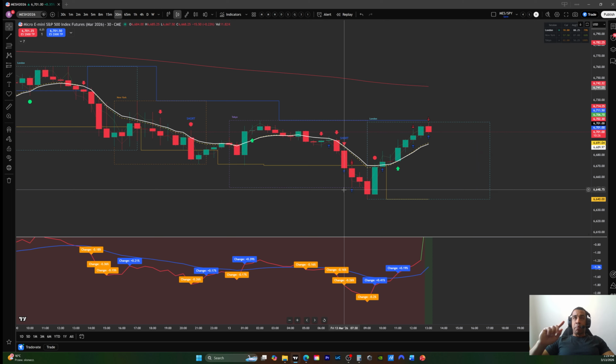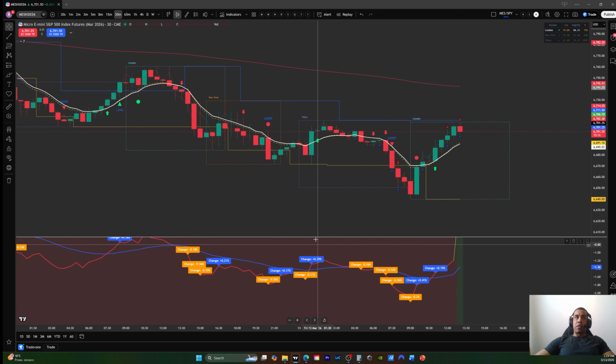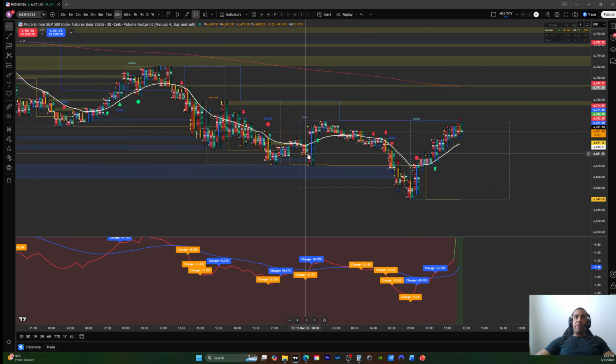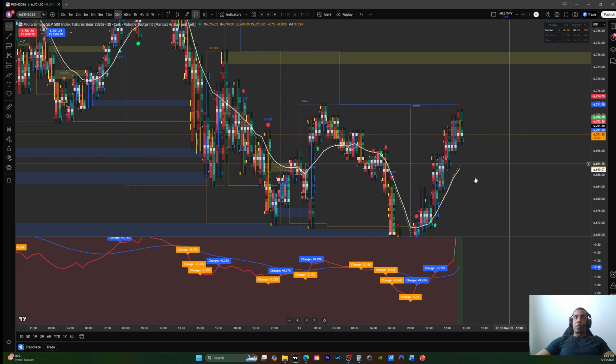My max position is 3 micro contracts. I entered with 1 over here, and because I was also anticipating maybe a pullback, I added 1 more over here based on this big green candle, which had a value area low over here, right?